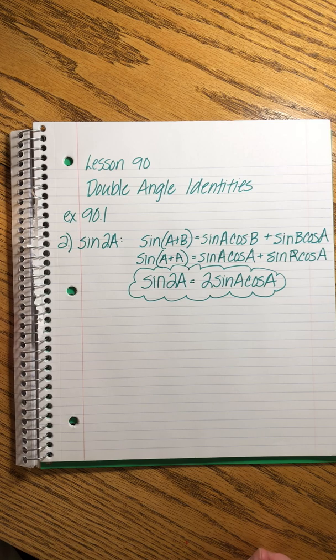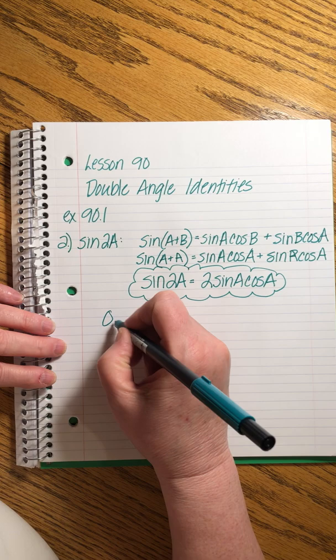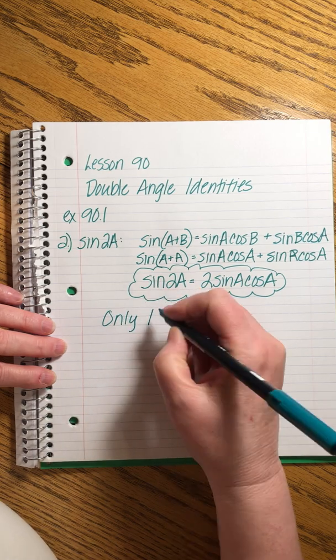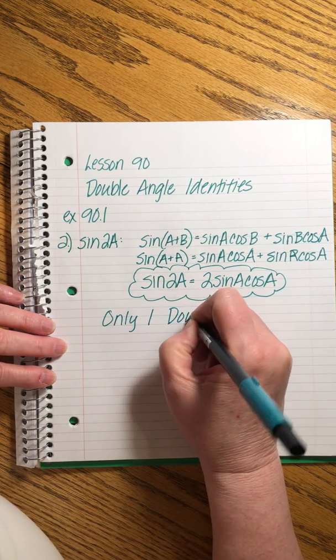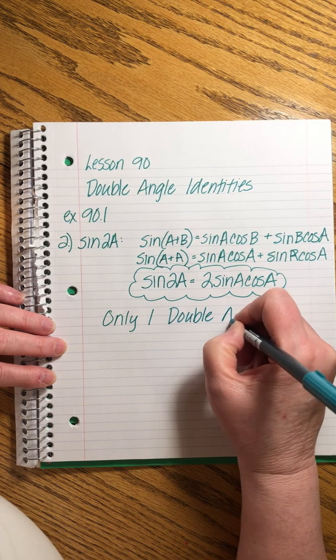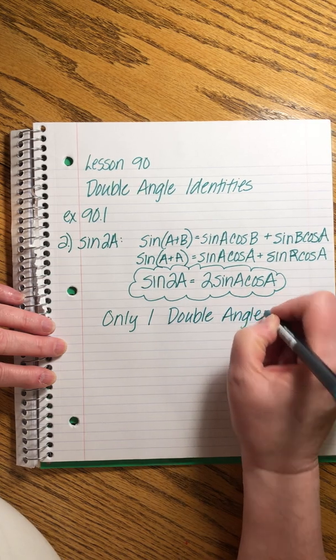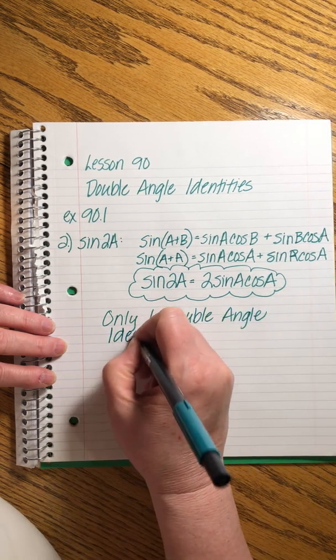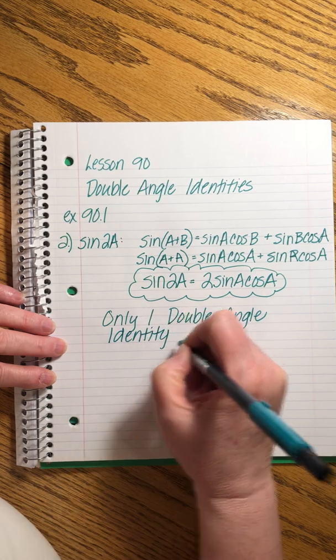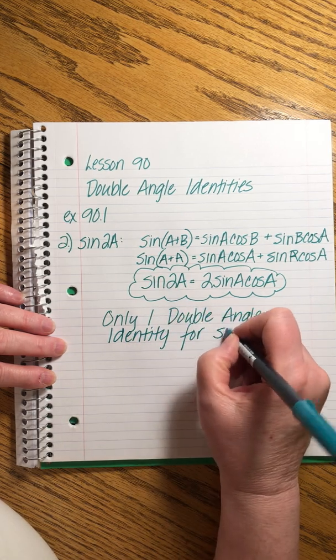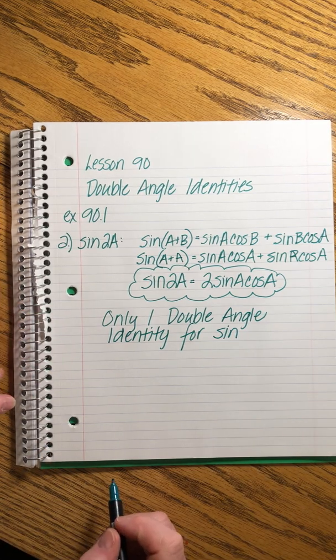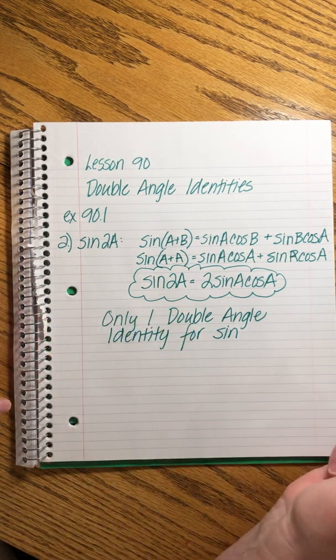One important tidbit: there is only one double angle identity for sine.